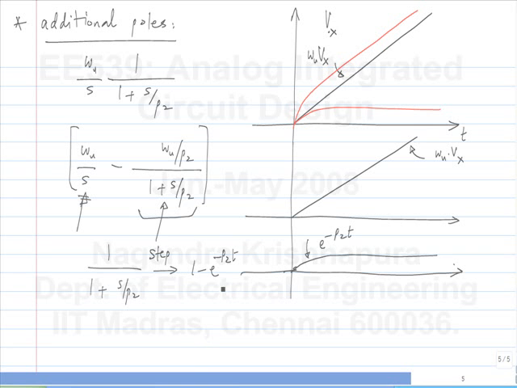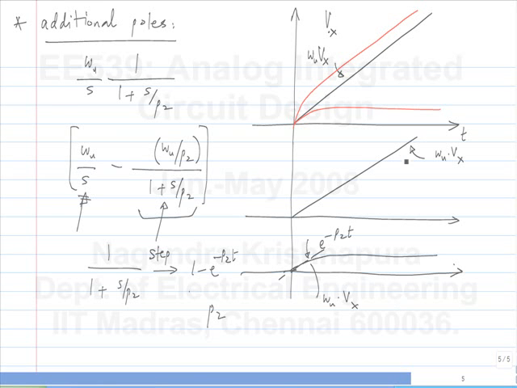What is the slope of this at t equal to 0? P2, right? And you have omega u by P2 on top. So the slope in fact is omega u times Vx. The slope here also is omega u times Vx. Everything gets scaled by the input, of course.